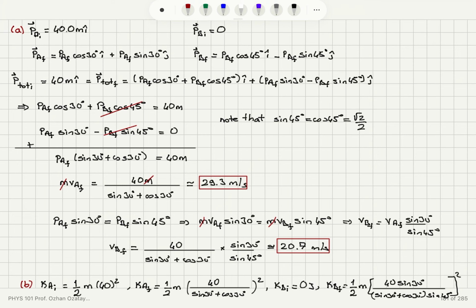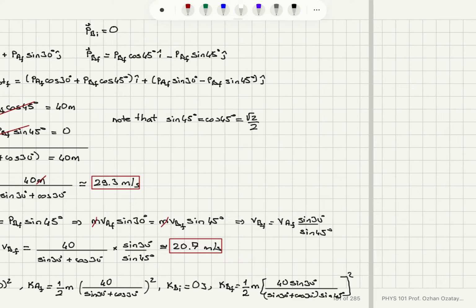So now we can calculate the change in kinetic energy.